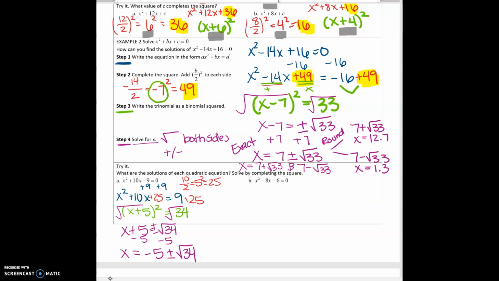So x plus 5. Again, we got that 5 from here or from factoring. And then square root both sides, subtract 5 on both sides, and I'm going to leave the answer like this. You can also put it into your calculator if it says to round. Moving on to the next one.